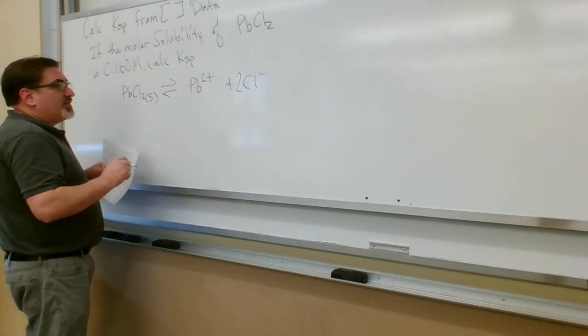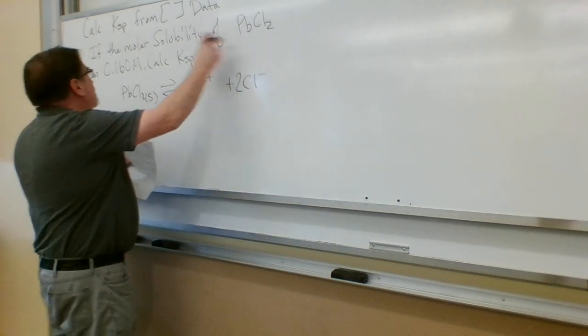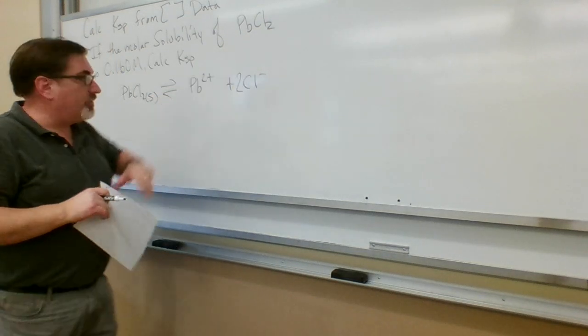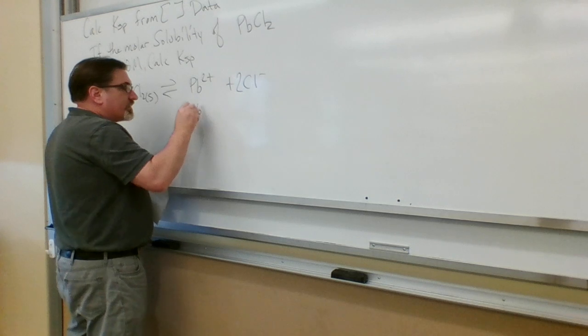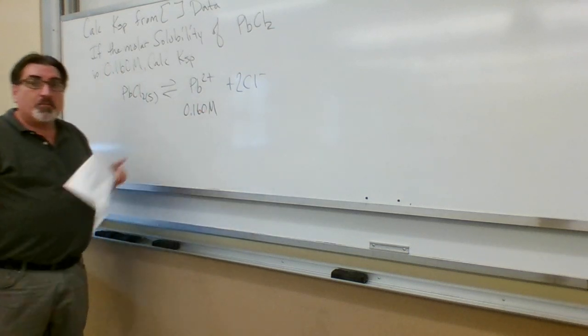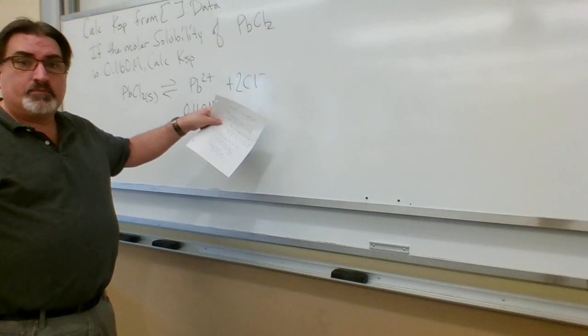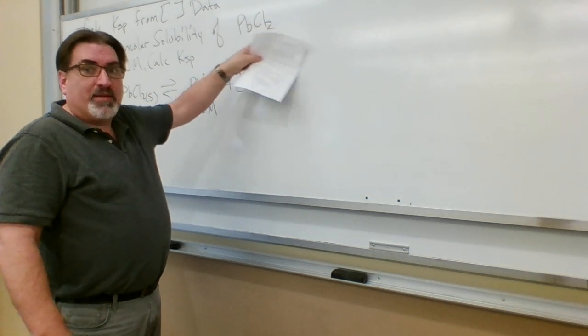So our concentrations. If the molarity of PbCl2 is 0.16 molar, and there's one lead ion per molecule, that means our lead concentration is 0.160 molar. But our chloride concentration is not 0.16 molar because there are two chlorides per PbCl2.